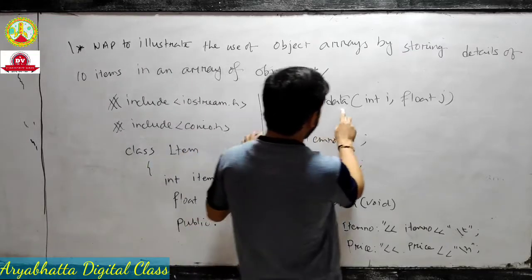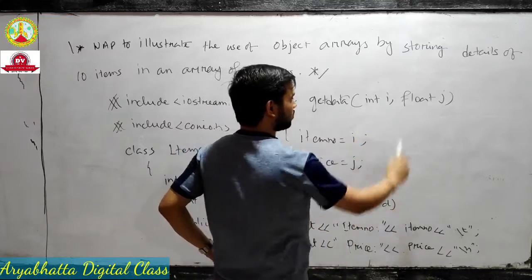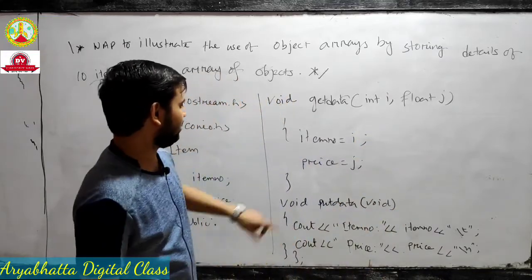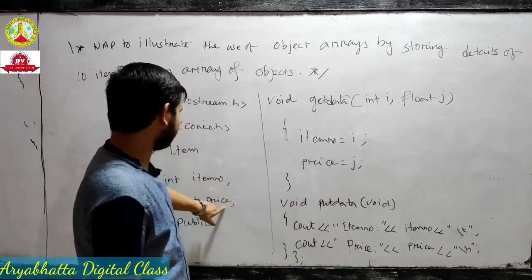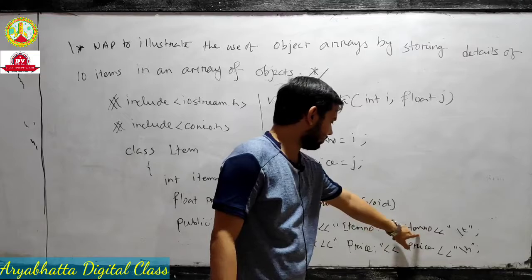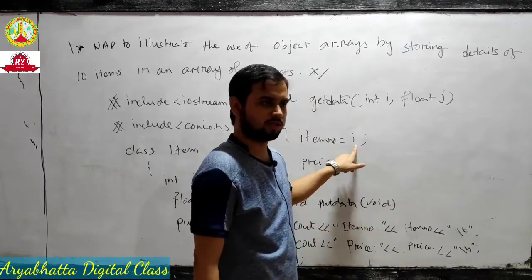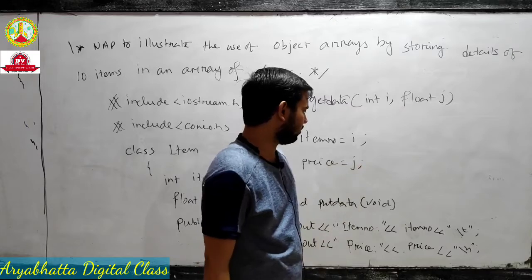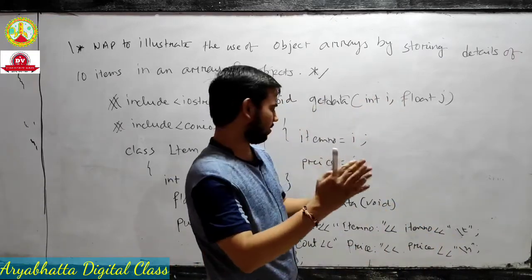The member getdata is for inputting values, int i, float j, where i is assigned to the item number and j to the price. Putdata is for outputting the values, item number and price, where the item number is in variable i and price in variable j. Tab is for 8 spaces, meaning the item number comes after it.